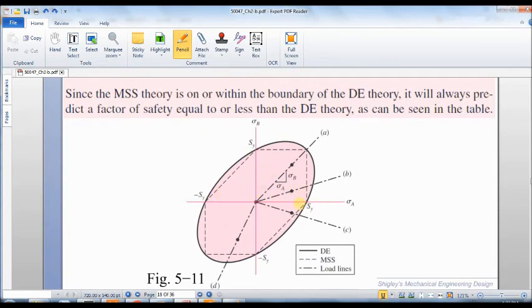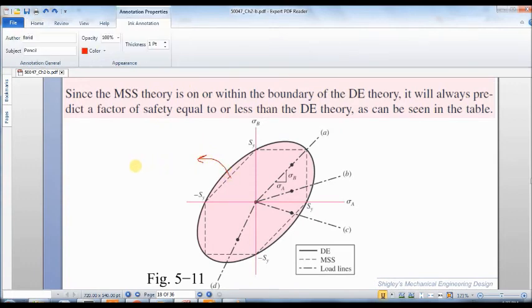If we draw the maximum shear stress theory, here shown by the dashed line, the dashed line is the maximum shear stress theory. Maybe I can write down MSS, and this ellipse, shown by the solid line, is the distortion energy theory.